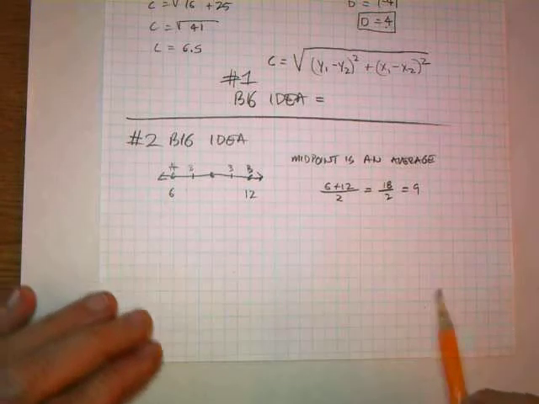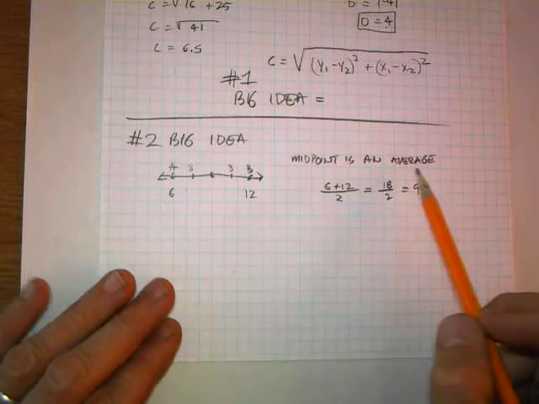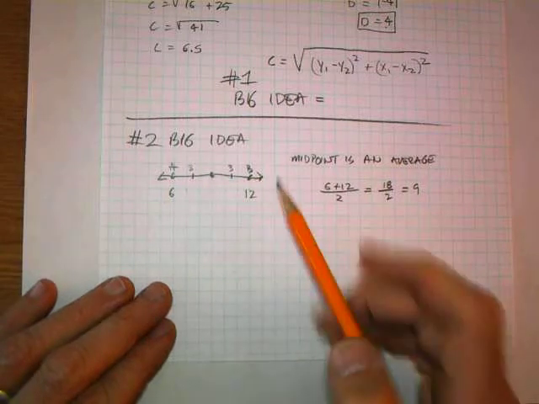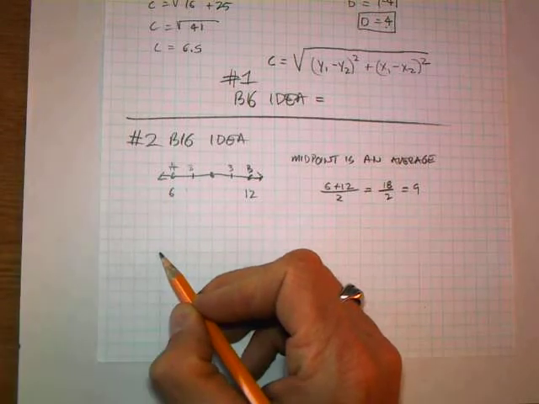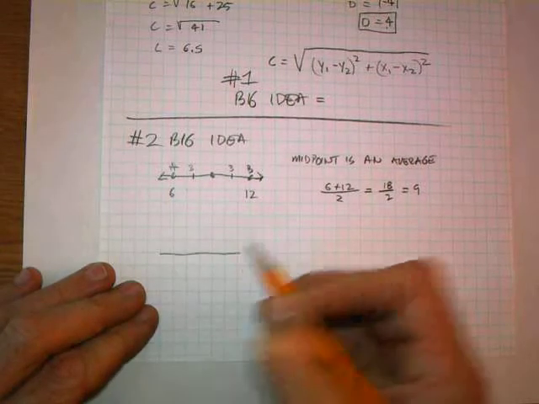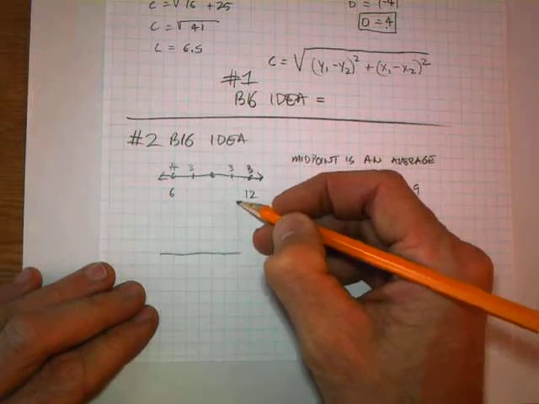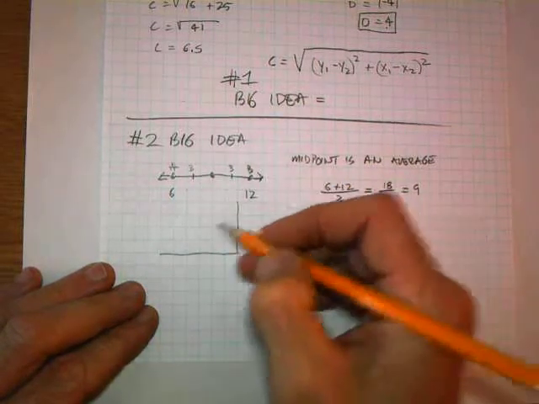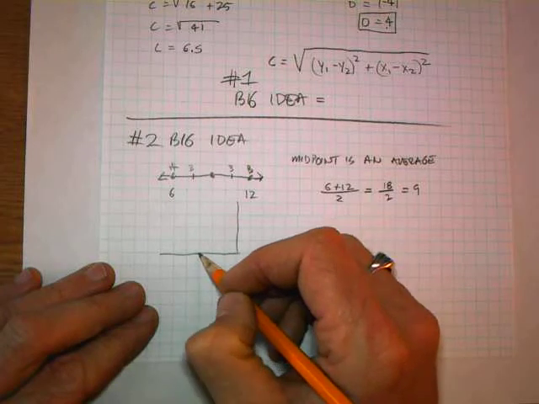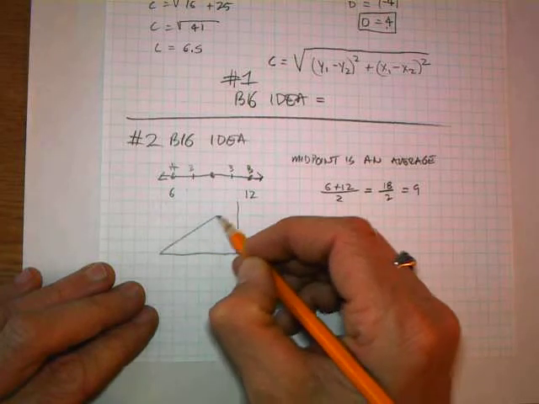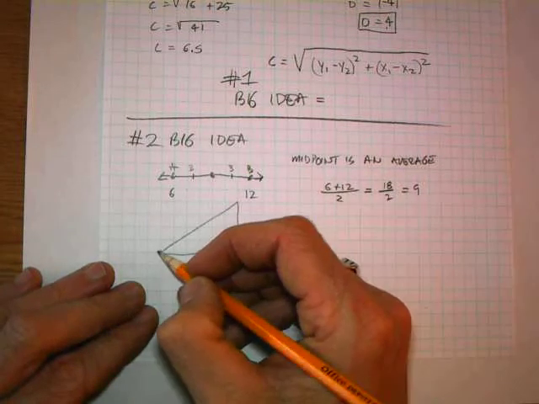Okay, so moving on, how do you take this midpoint concept of one line and use it for a triangle? So let's say we have a triangle that looks like this. Well, let's just give these some numbers.